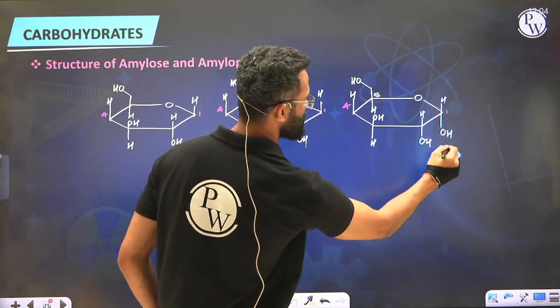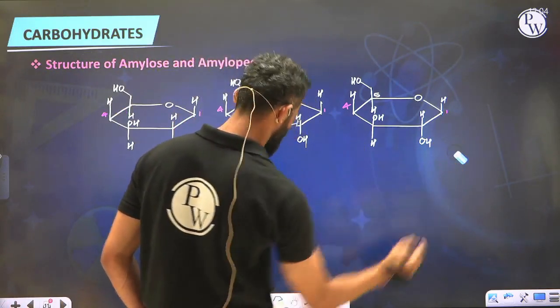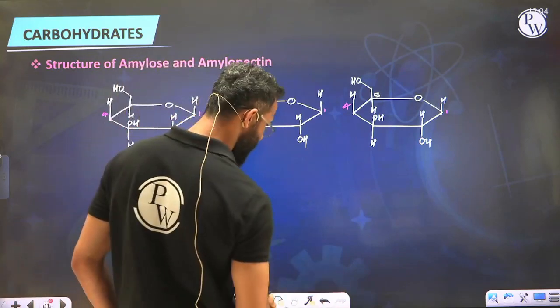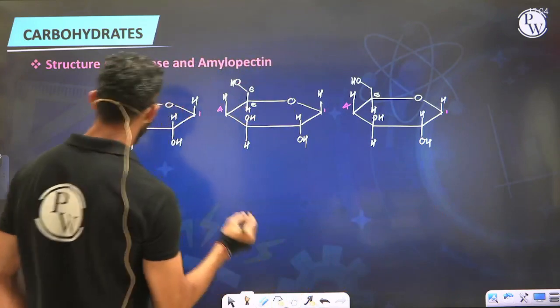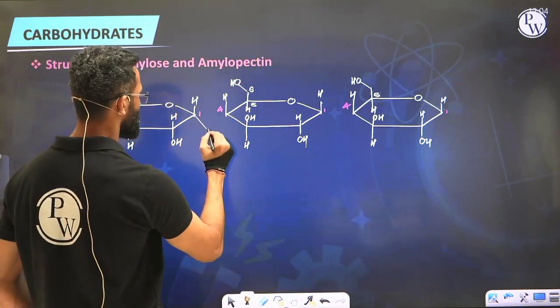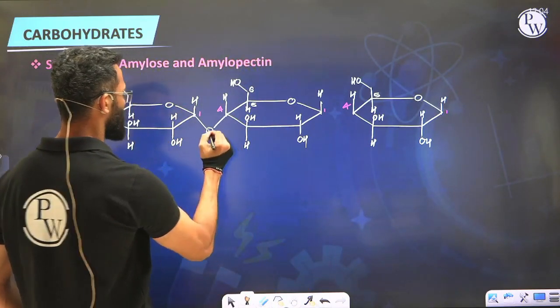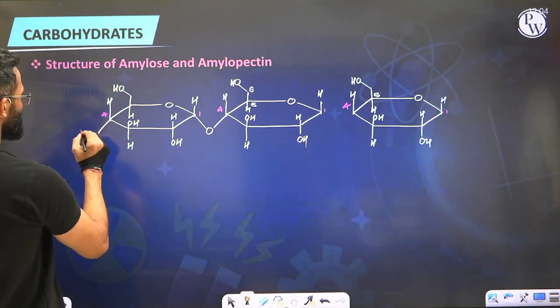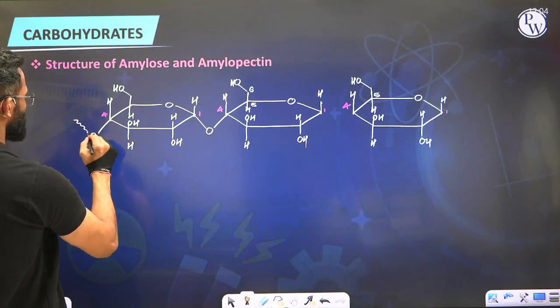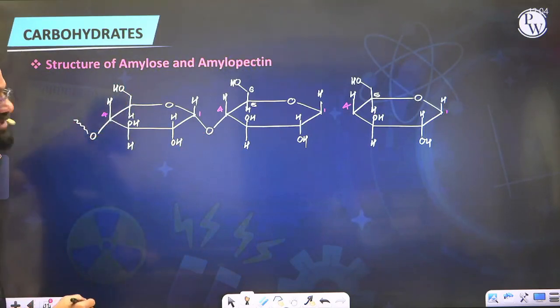Here as well C1 and C4. So see, C1 connected to C4 via glycosidic linkage. Even this C4 will be connected to C1 of some other carbon. So this line indicates a polymeric chain will continue.